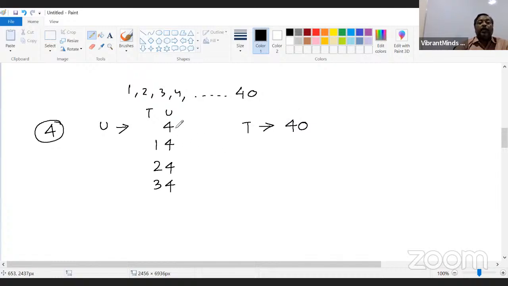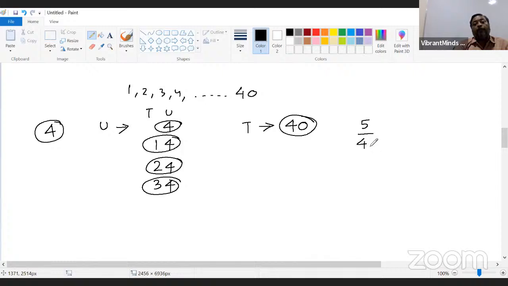So how many numbers have I got? 1 2 3 4 5. Out of 40 numbers, only 5 have 4s. So 5 by 40 into 100. 8 ja, 4 se 2 ja, and we have 25.